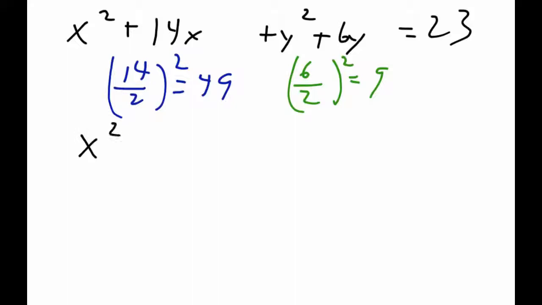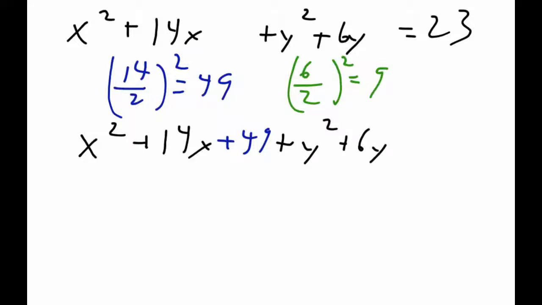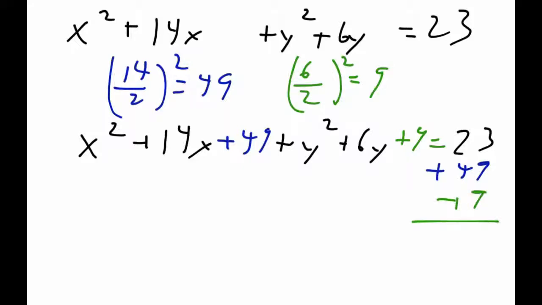So we got x squared plus 14x plus 49 plus y squared plus 6y plus 9. And whatever we do to one side, we have to do the other side. So we got 23 plus 49 plus 9, to total up to 81 on the right side.